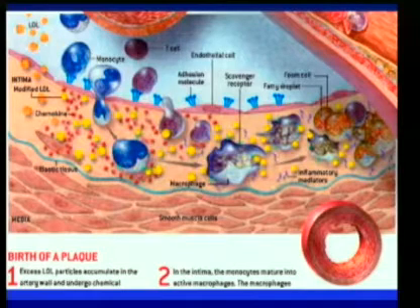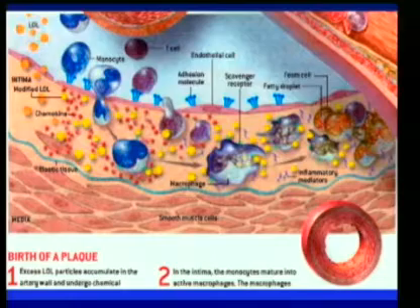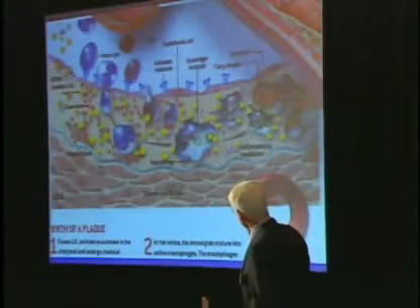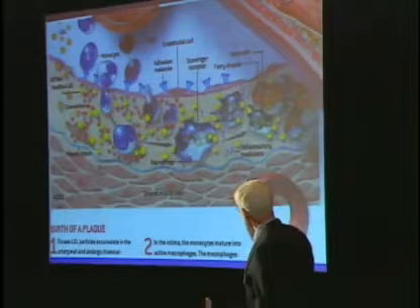If you want to know what oxidized is, it's becoming rancid. You take a bite out of an apple, and within minutes, it's brown. It's been oxidized. It's going rancid. So now you've got this small, hard, dense LDL cholesterol, which is really the bad actor.